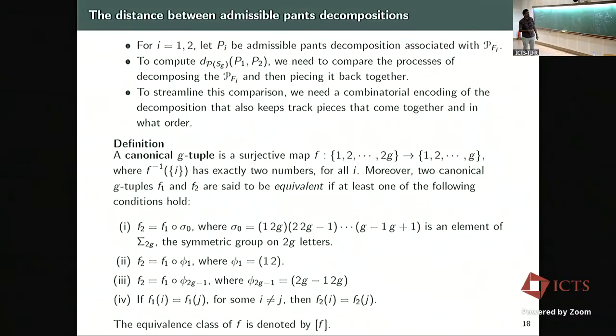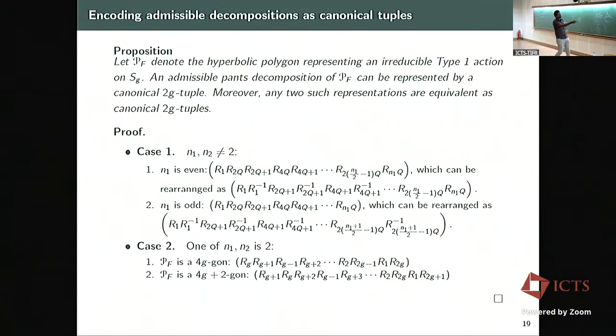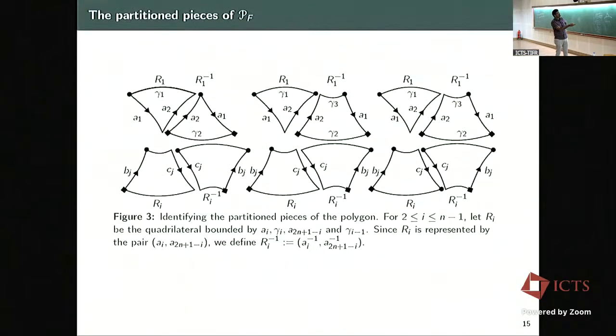So these are the pieces that we have got to keep track of and how you put them together. And so we can actually write a sequence like this, and this can be rearranged like this, sort of, right? And so for each case that we hit, like the first case, n1, n2 not equal to 2, n1 is even, n1 is odd, always you can take this decomposition, and you're putting it together as a canonical tuple. And here you can see that the adjacent ones are getting paired. If you are wondering what this inverse notation means, I had written it here somewhere.